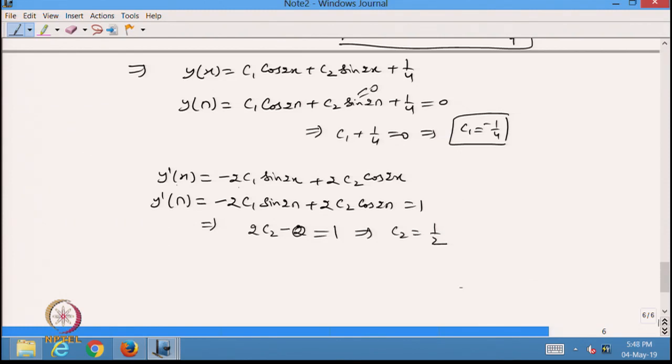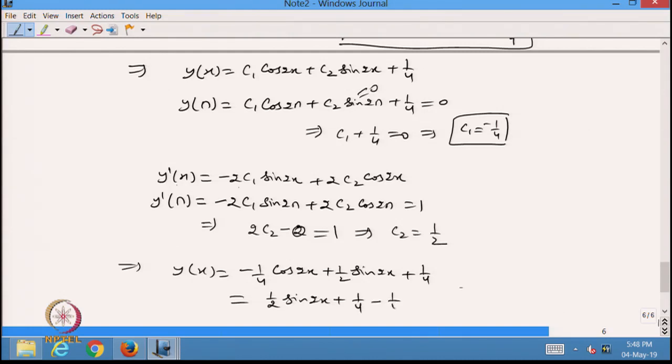So, from here I can write my general solution, that is y(x) is equal to minus 1 by 4 cos 2x, C2 is half, so half sin 2x plus 1 by 4, and from here I can write that it is equal to half sin 2x plus 1 by 4 minus 1 by 4 cos 2x.